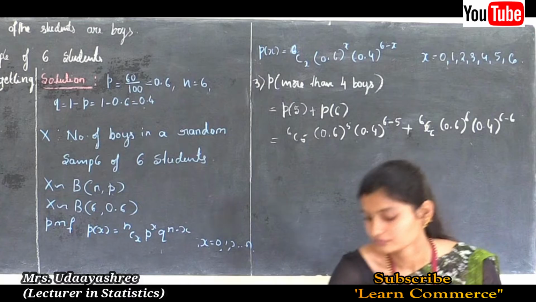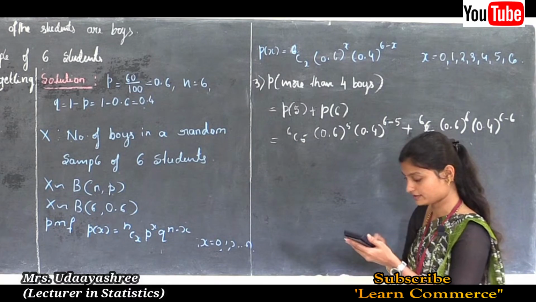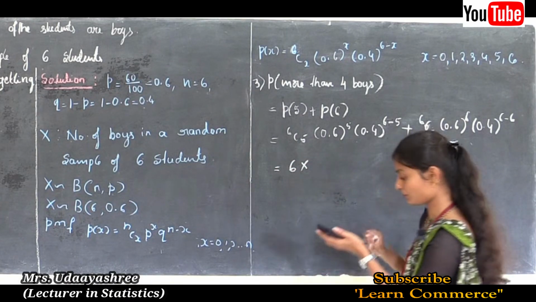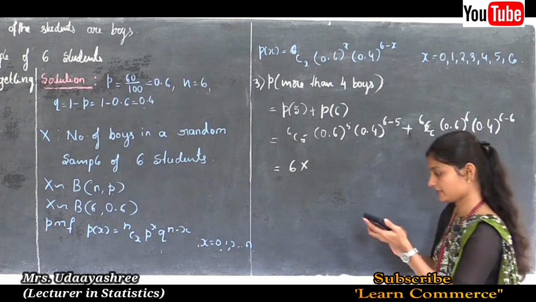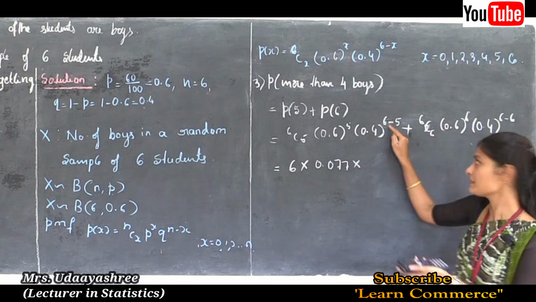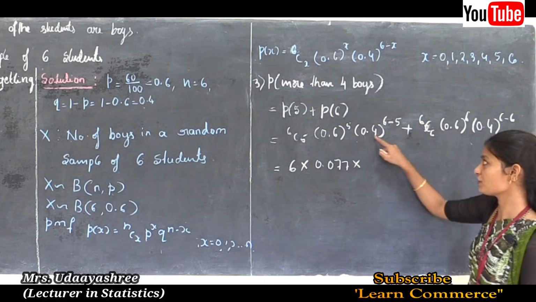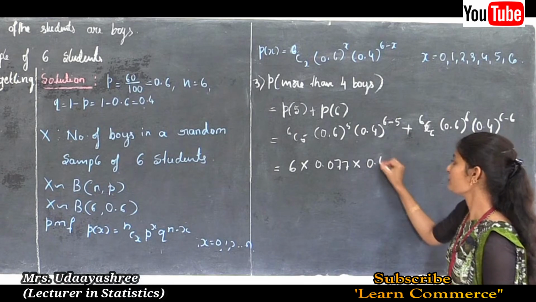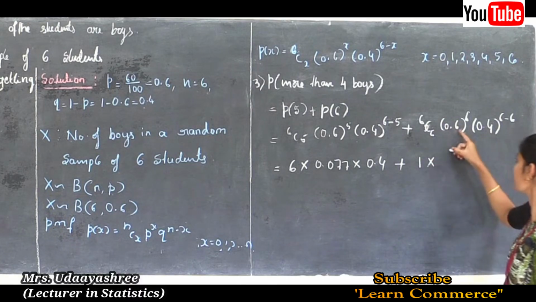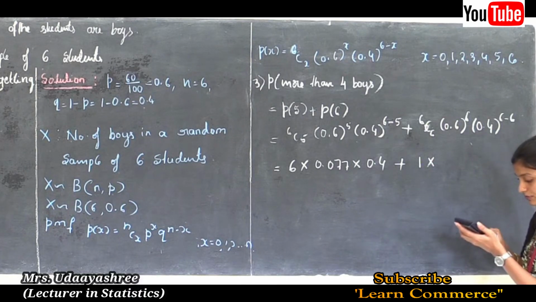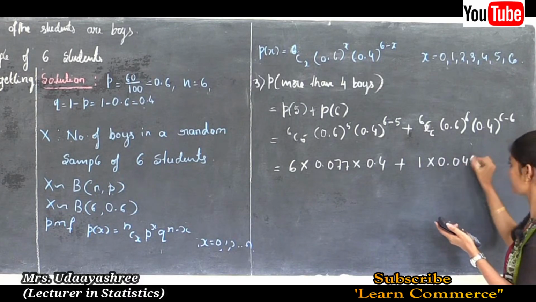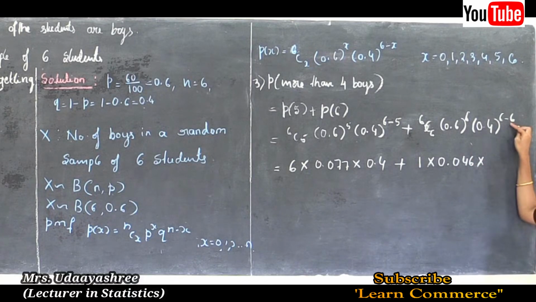Okay, now this 6C5 is 6, then into 0.6 to the power 5 is 0.077 into here 6 minus 5 is 1. So, 0.4 to the power 1 is 0.4 plus here 6C6, that is 1 into 0.6 to the power 6, the value is 0.046 into here 6 minus 6, that is 0.